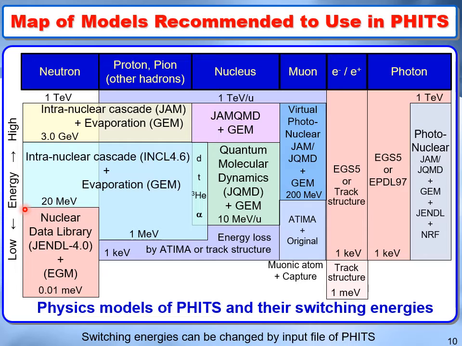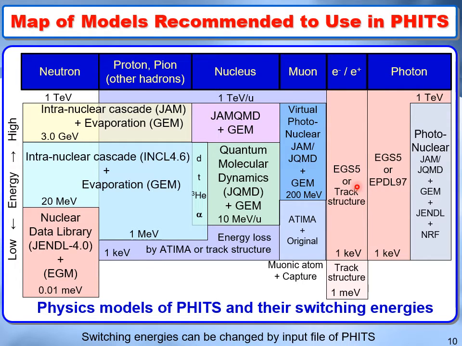For nucleus-nucleus interaction, PHITS uses quantum molecular dynamics model JQMD instead of intranuclear cascade model. For electron, positron and photon transport, PHITS uses EGS5, track structure, or EPDL97.